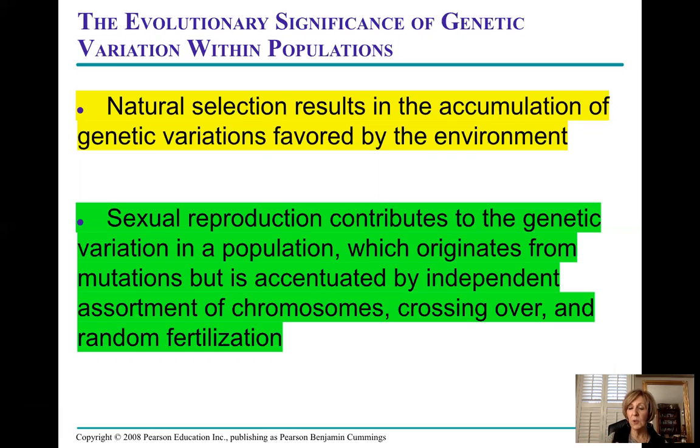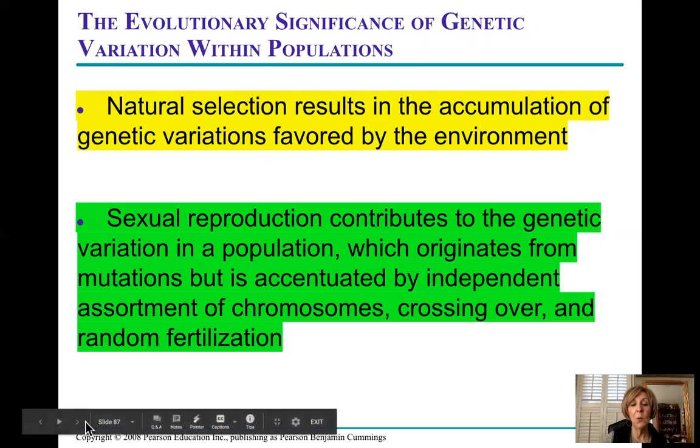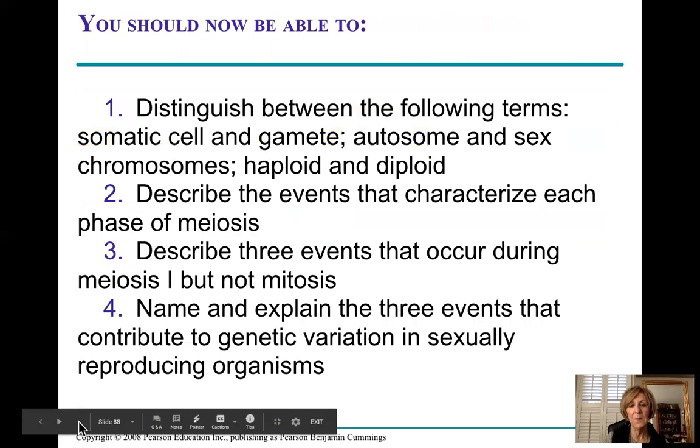Sexual reproduction contributes to genetic variation by mutations, but asexual reproduction has that too. But it's accentuated by three things: independent assortment, which happens in meiosis 1, crossing over, which happens in meiosis 1, and random fertilization, which is which egg fertilizes which sperm.